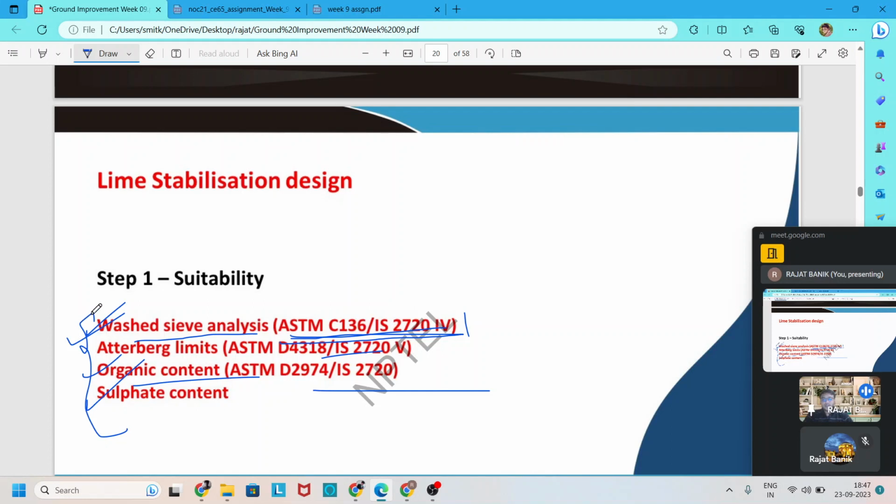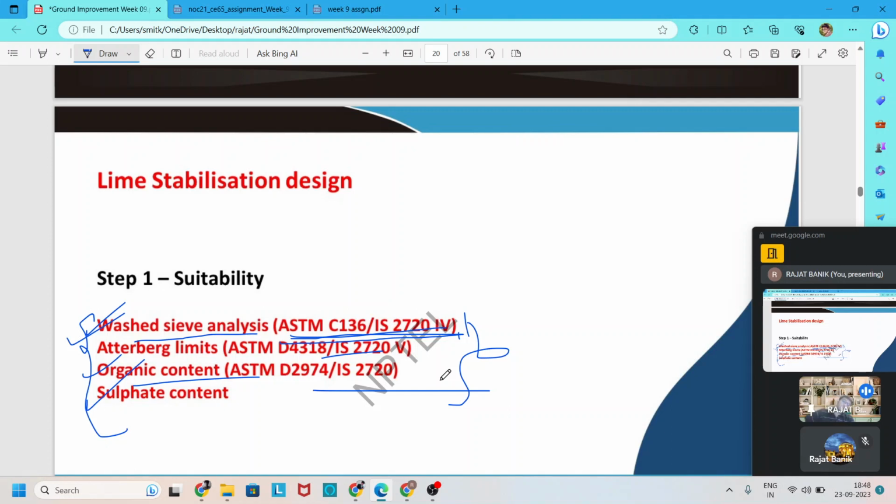So after finding these, by different charts or different codes, we can say whether this soil is suitable for lime or not. If it is not suitable, we use another technique to stabilize the ground.